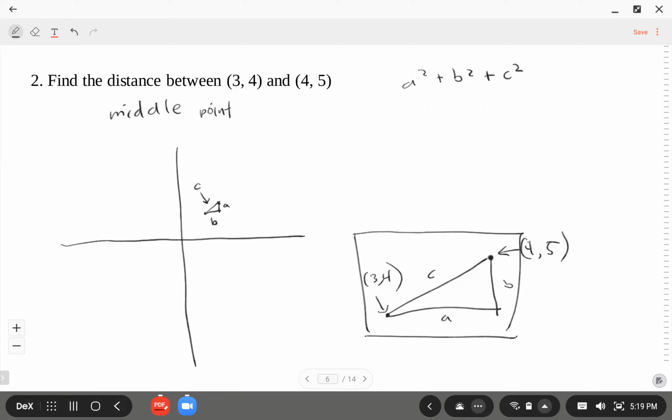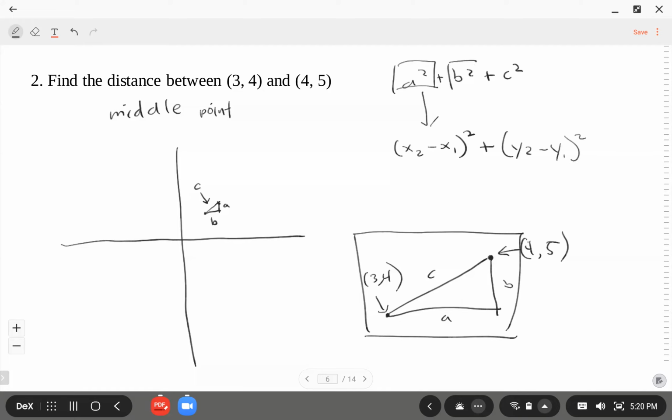So then our formula will be like this. x2 minus x1, squared. Don't forget, you have to square it. So this entire thing will be a squared, plus y2 minus y1, squared.